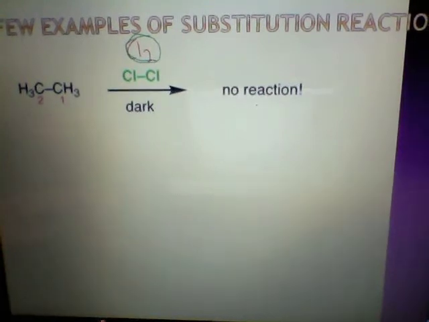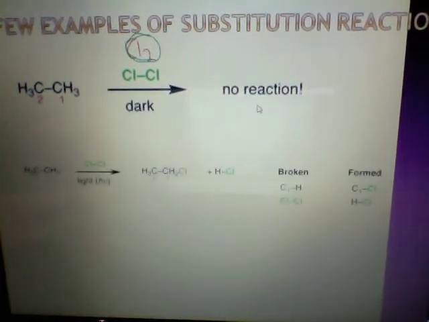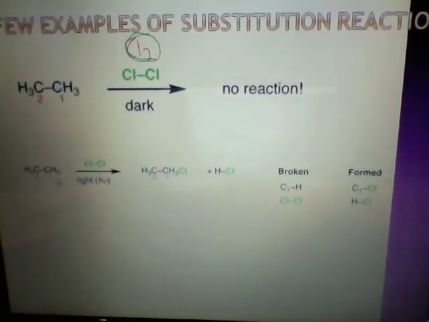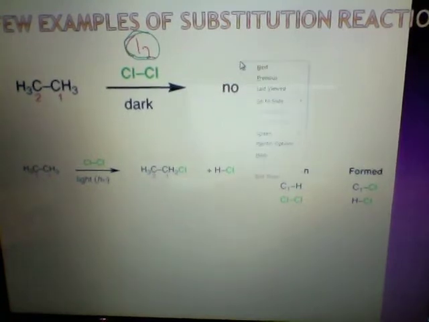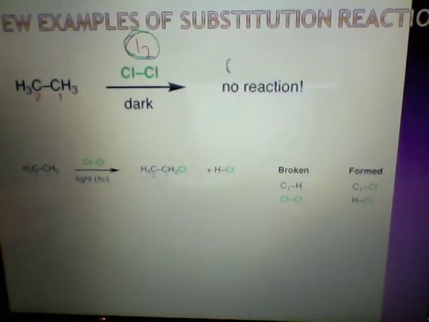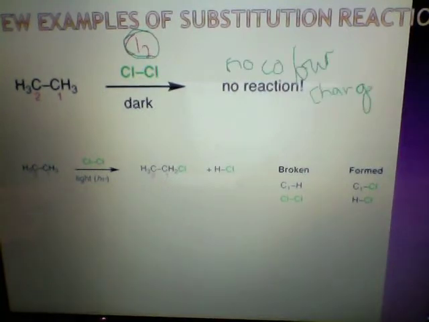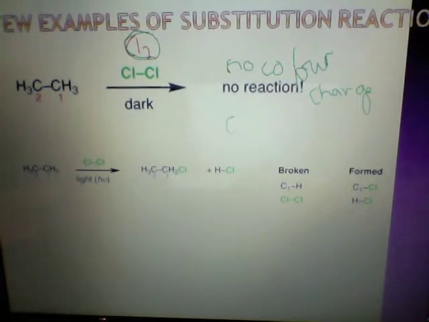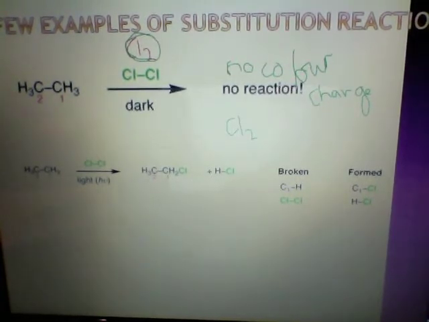But if we react it in UV light with ethane, so this is no color change, and chlorine still exists like this, and ethane has been untouched.